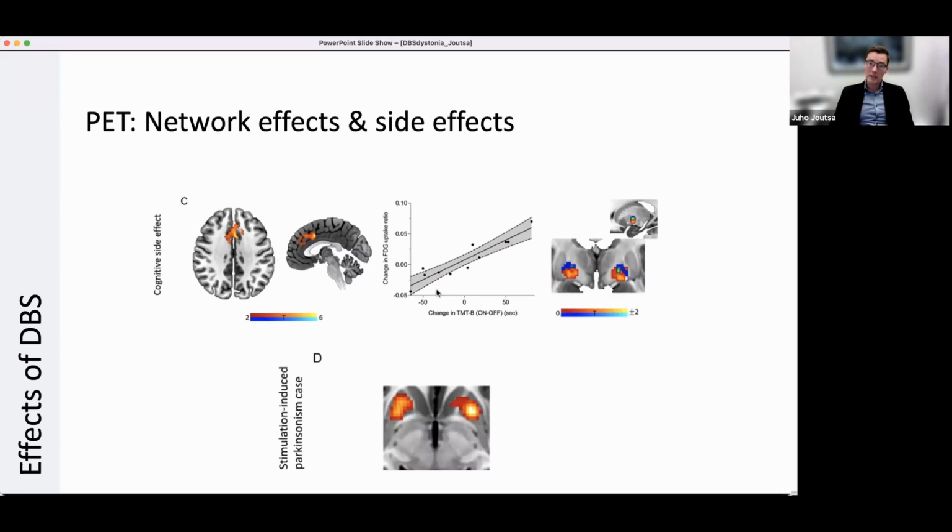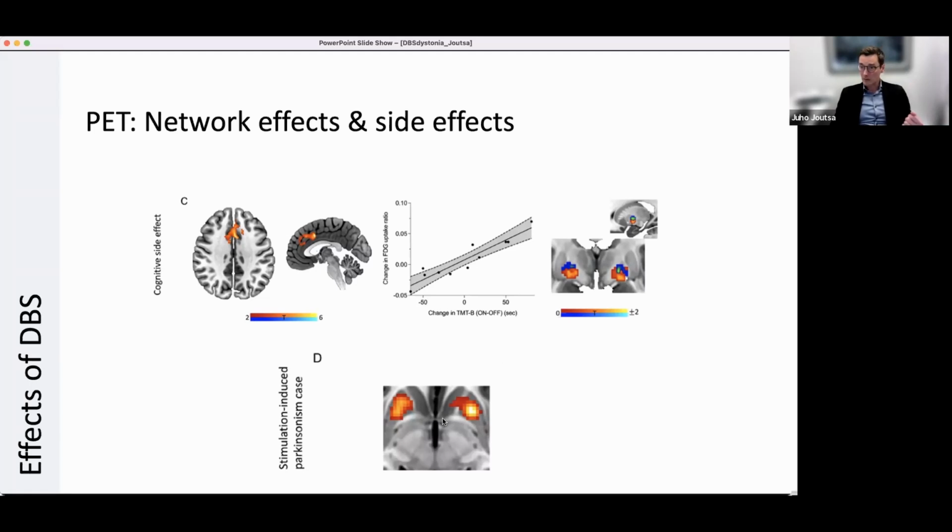What is also curious is that GPi DBS is sometimes associated with side effects. In this sample, worsening of the Trail Making Test part B was associated with stimulation-induced increase in activity in the medial frontal cortex, and activity here projected back to the GPi in a slightly different location compared to where the motor response was obtained.